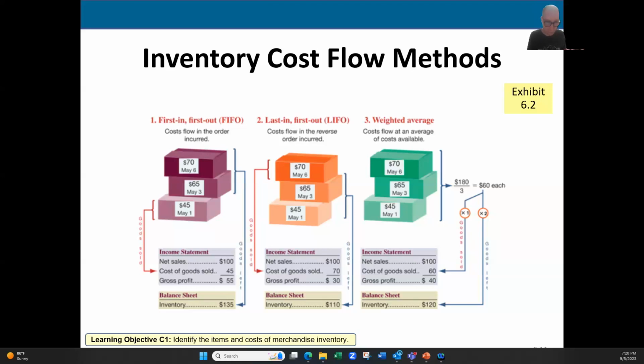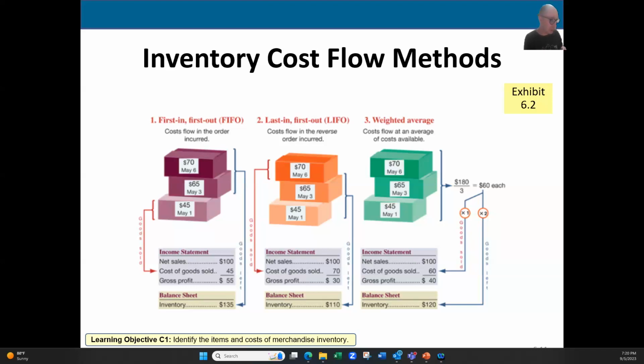I sold $100 worth of stuff on May 1st. Cost of goods sold, May 1st, $45. How did we get $45? First in, first out. Bought it May 1st, $45. Sold it May 1st, $45. That leaves me with a gross profit of $55. Net sales minus cost of goods sold equals gross profit.